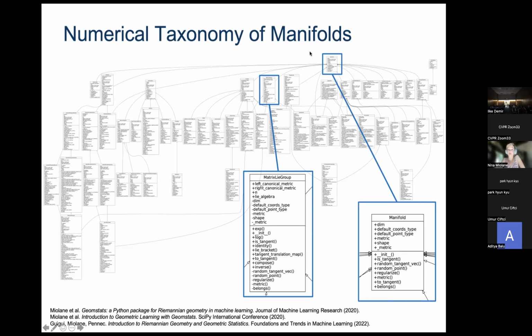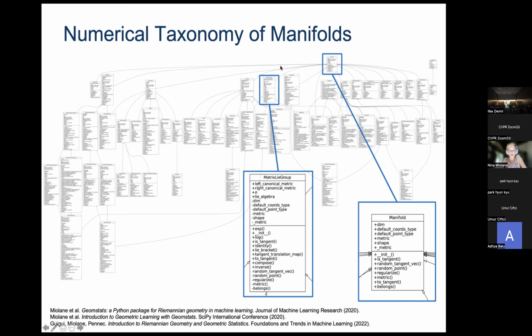At the root of the hierarchy, or the tree, you have the most abstract concept of manifold. That's just a manifold. And we list all the different attributes or methods that a manifold Python object should have. And as you go down this hierarchy, you find more and more specialized or more and more concrete manifolds.